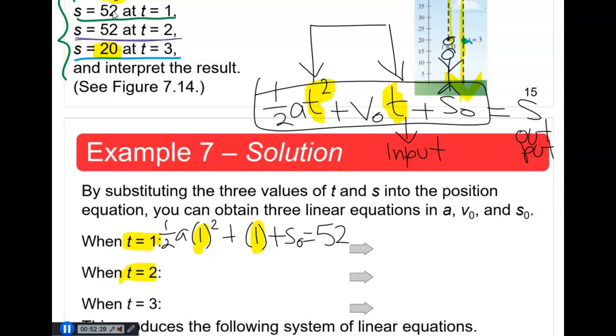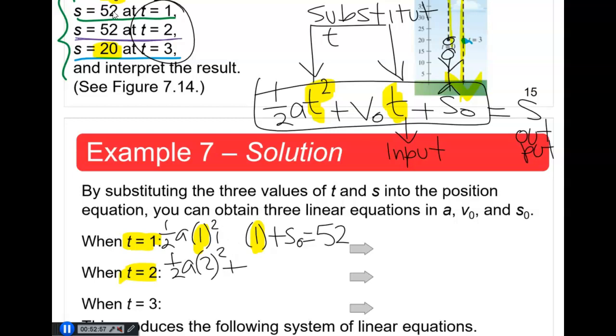That's what we are substituting with the numbers that come from here. All right, so second equation, 1/2 A. Now T equals 2, so it's going to be a 2 squared plus, instead of just, oh, here I'm missing V sub 0. Actually, I need to correct this. So please correct this in your notes.